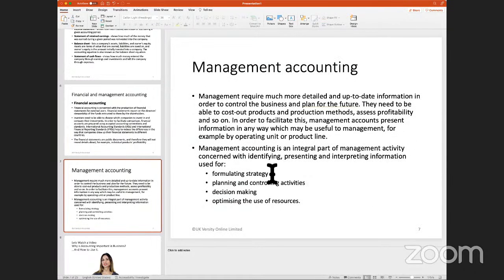Now, when we talk about management accounting, what is management accounting? Management accounting is primarily accounting related to producing reports which are going to be useful for the management of the company, the directors, the board, the CEO. When I say directors, it could be the CEO, the CFO, or people who are involved in the decision-making process of setting the vision and the strategy for the company.